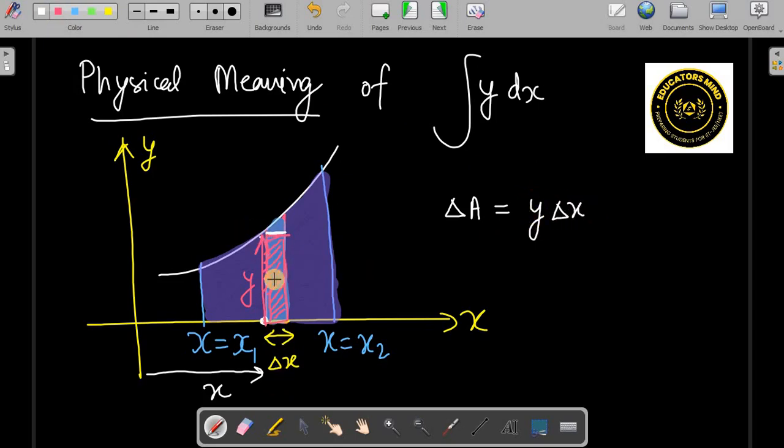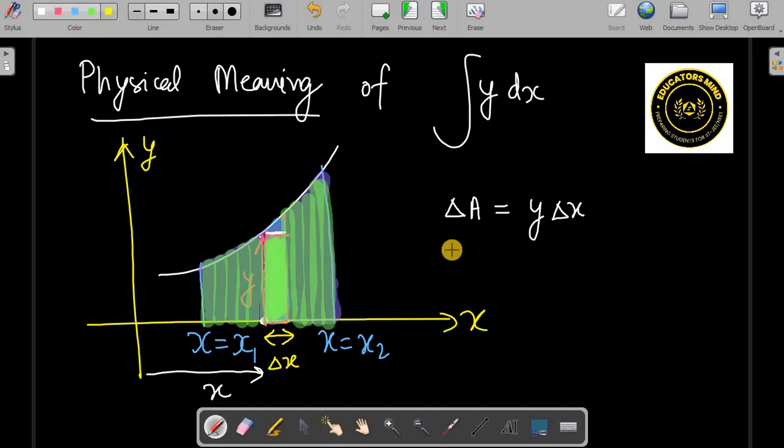Correct. This is a single strip. Similarly, you can keep on adding such strips, like here one strip, here one strip. You need to divide into many strips, and you can keep on adding.